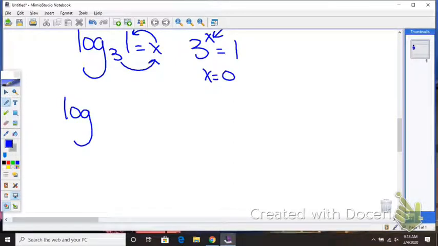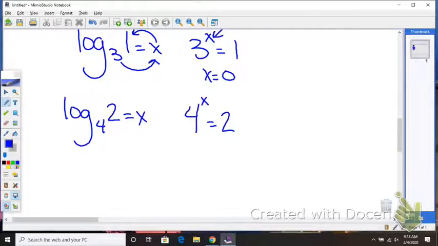Well, I've got one more for this one. Log base 4 of 2 equals x. So my exponential form would be 4 to the what power? x equals 2. So I'm going from 4 down to 2 with an exponent. What exponent represents a square root?